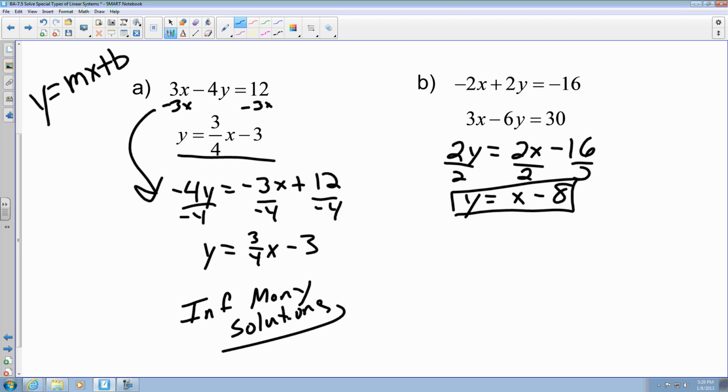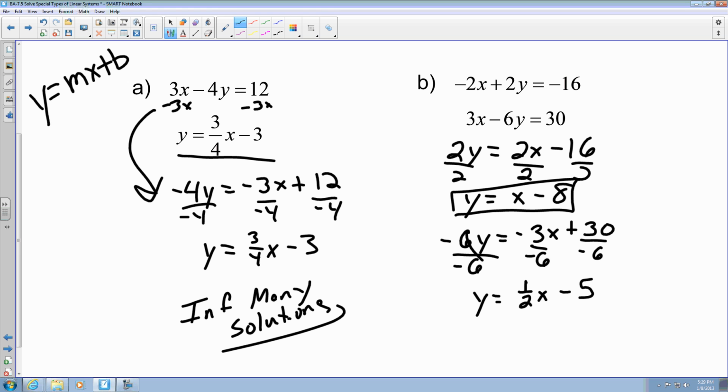For the second equation, I need to subtract 3x from both sides, so that gives me negative 6y equals negative 3x plus 30. And I need to divide everything by negative 6, which then leaves me with y equals 1/2 x minus 5.